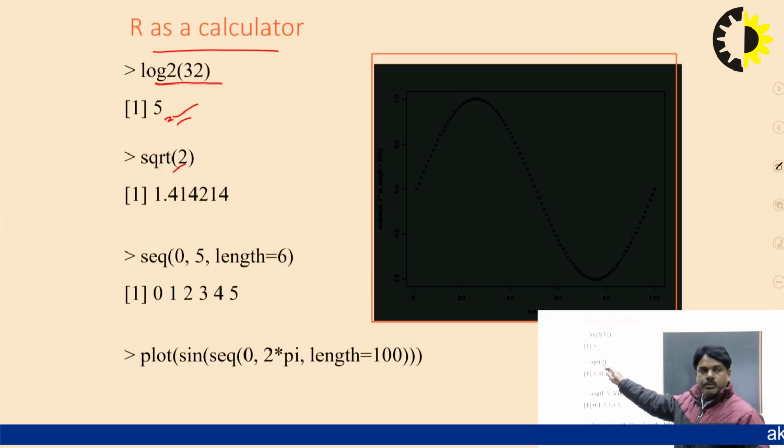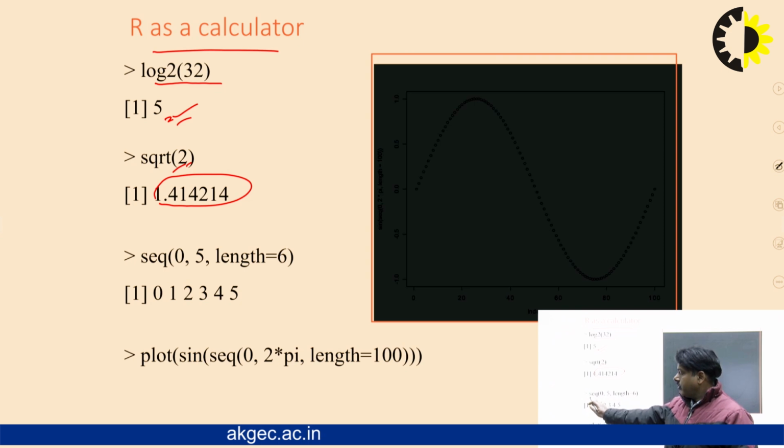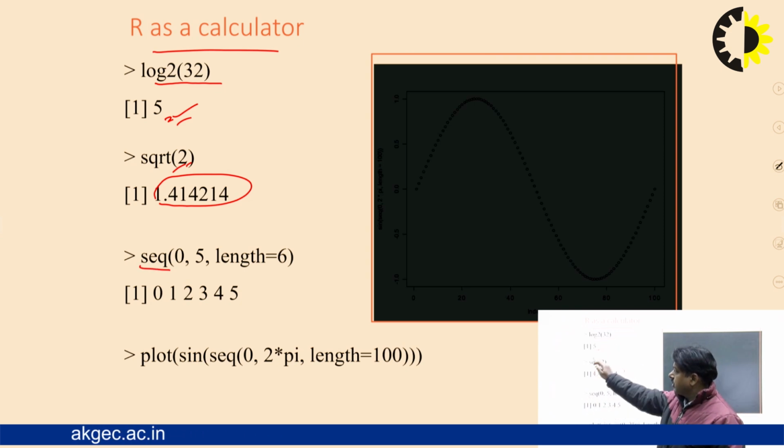Similarly, when we try to find the square root of 2, the value is represented here as 1.414214, meaning up to 6 digits it has been given. It can be changed also. And similarly, when we use some sort of function, all these are functions only, like square root and sequence.